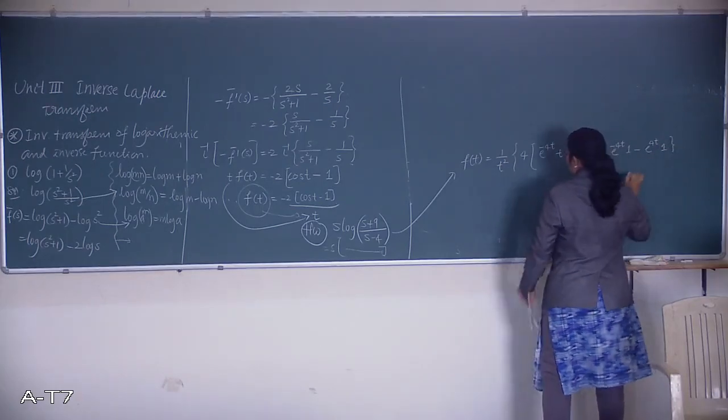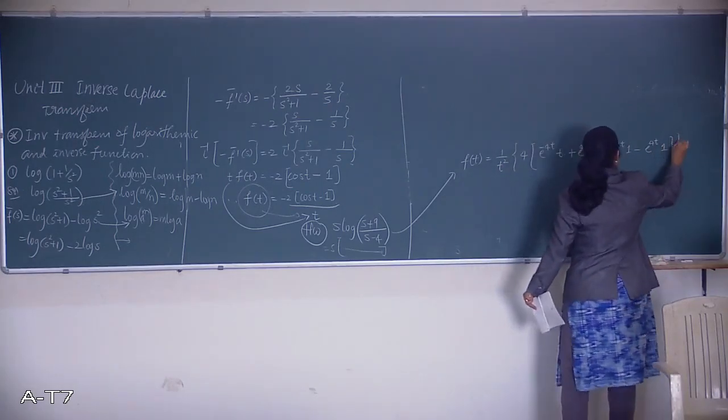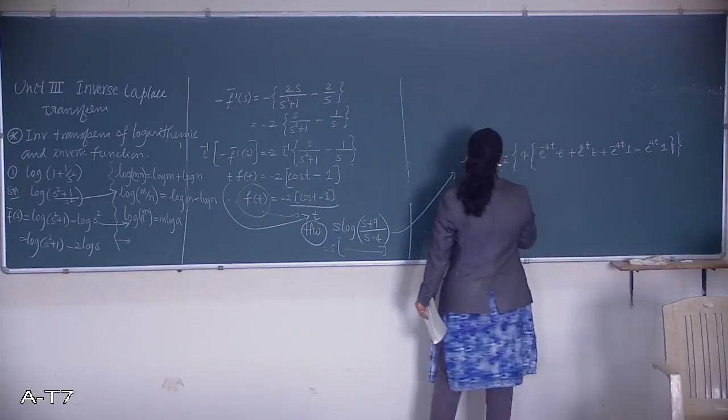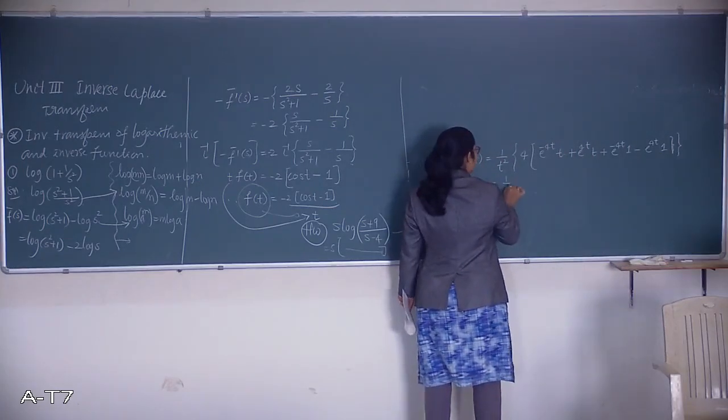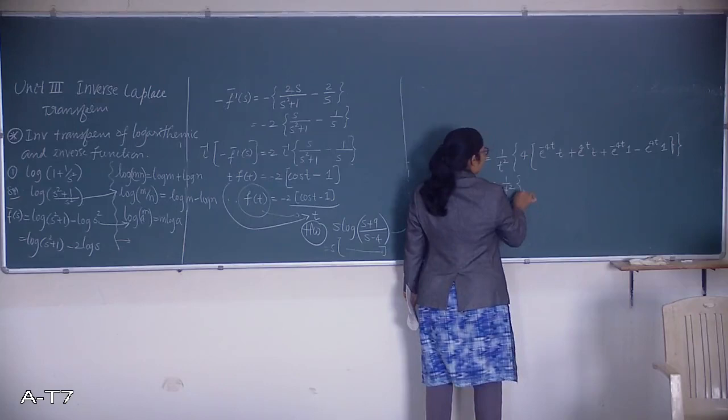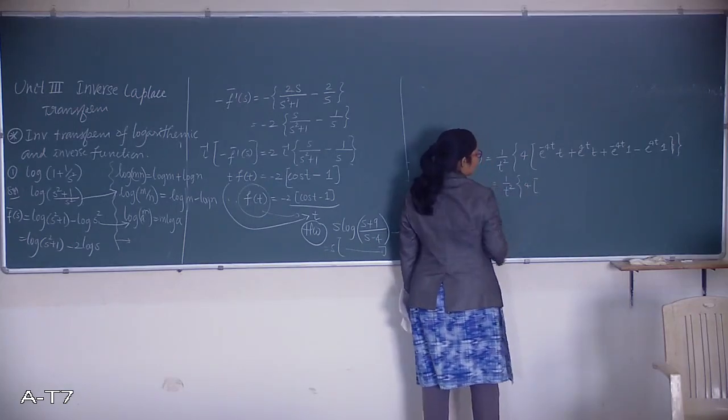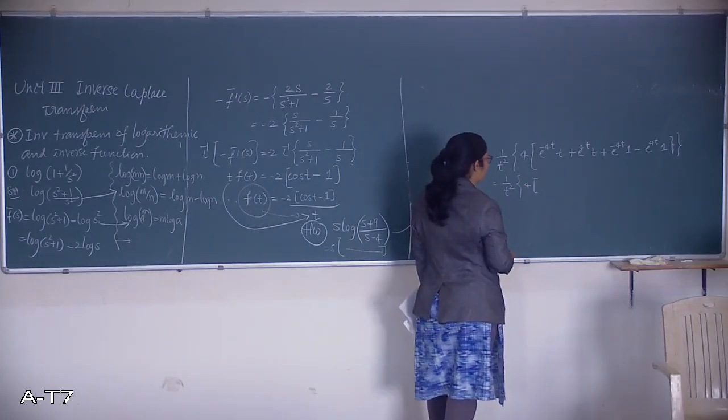So you can simplify this. If you simplify, it is 1 by t square, then 4 I'll write as it is minus 4t.